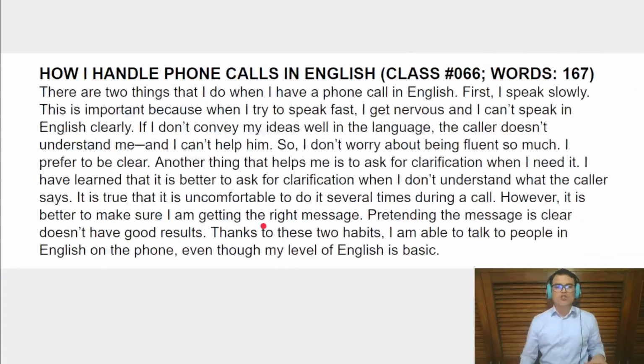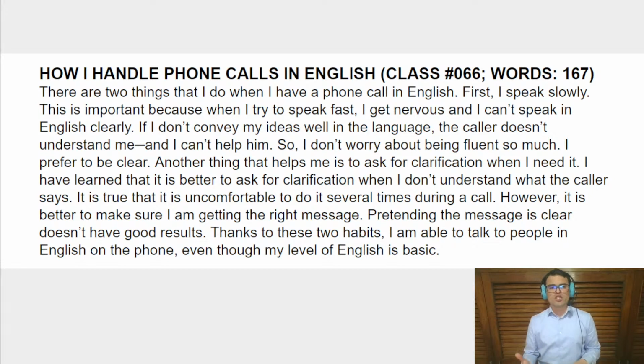This is class 66, so we have talked about a lot of different subjects and grammar points that we will review here in this paragraph. I will be reading the paragraph, and while I am reading it, please pay attention to all the grammar that you can identify, and also think about how the paragraph is organized.